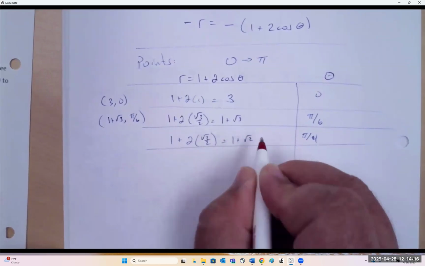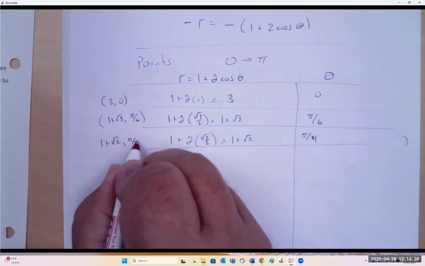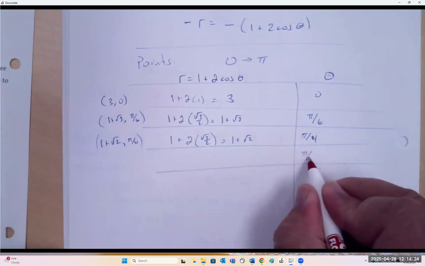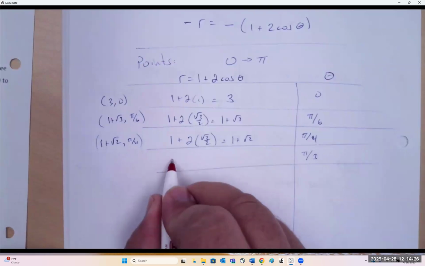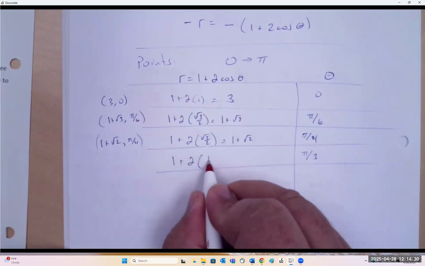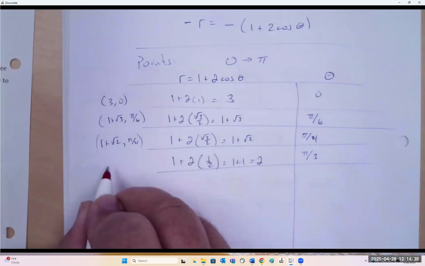Pi over 4 is 1 plus radical 2. Pi over 3. 1 plus 2 times 1/2. 1 plus 1 equals 2.